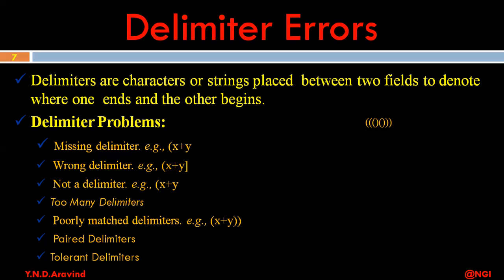But many systems allow any one of four variants, where the hash denotes any character. So any character is acceptable.